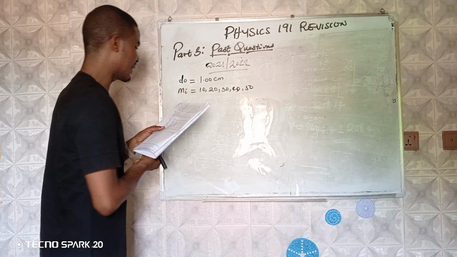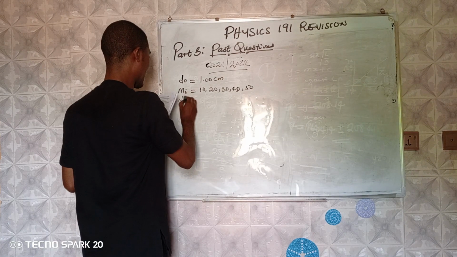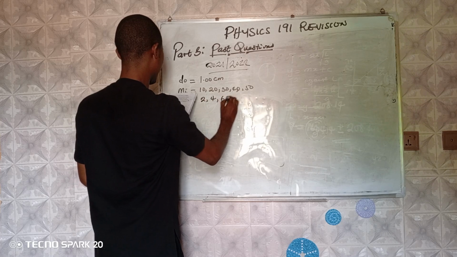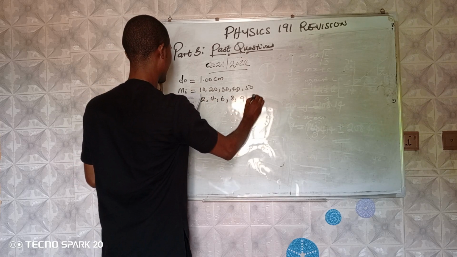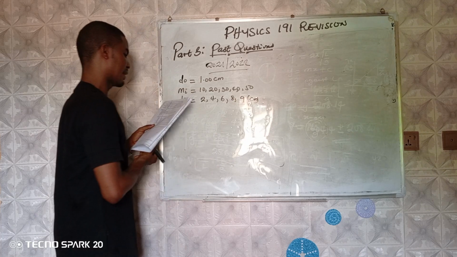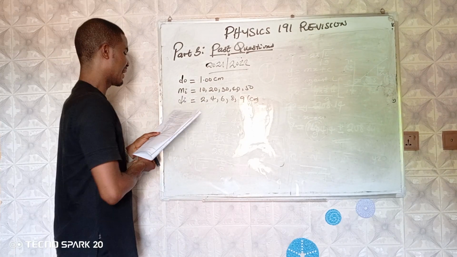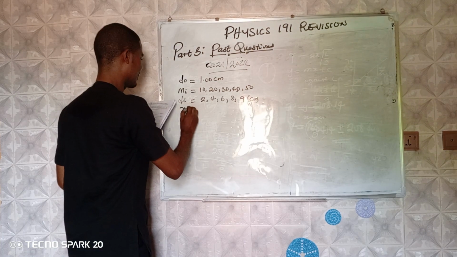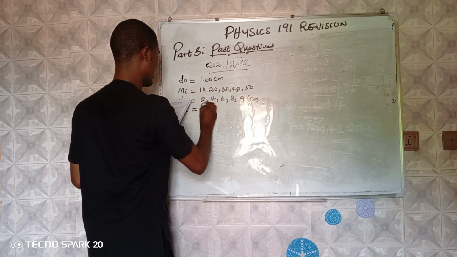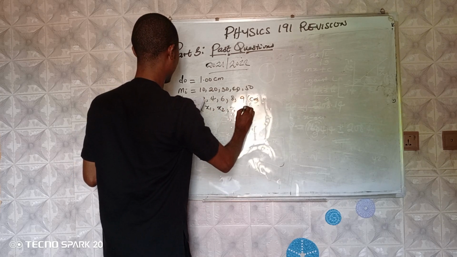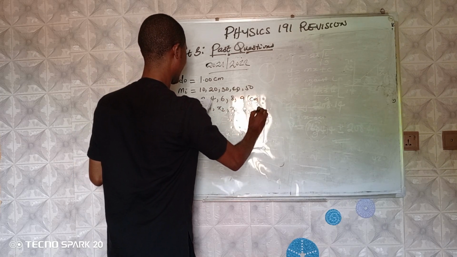And the length Di increases. Di is 2, 4, 6, 8, 9, all in centimeter, respectively. Now estimate the error in xi, which is x1, x2, x3, x4, and x5.